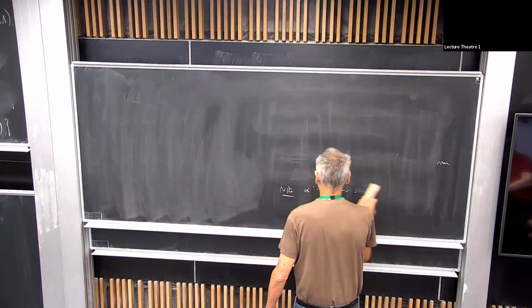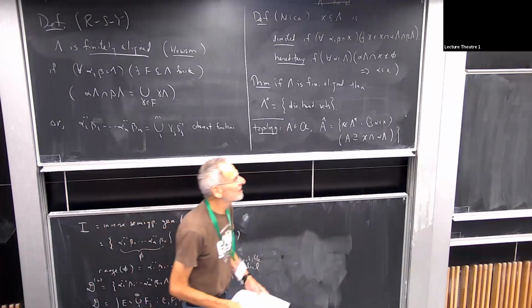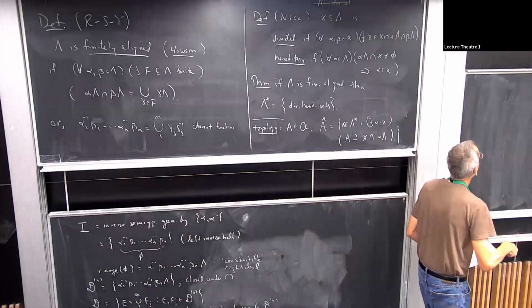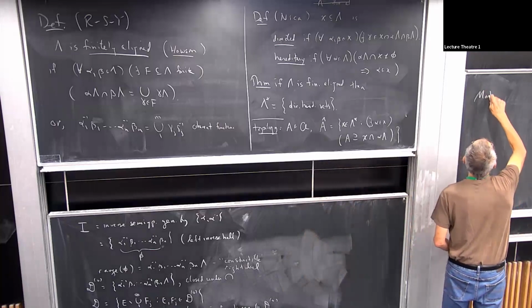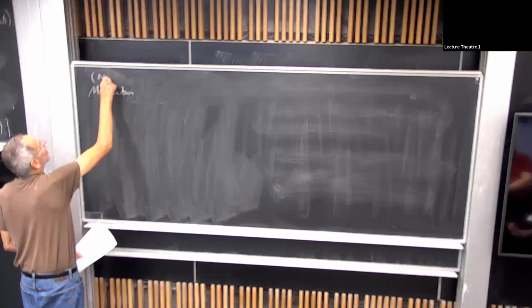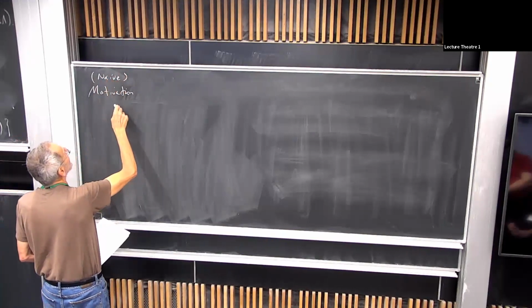That's my generalities about left cancellative small categories. I'd like to talk about some examples. Let me mention that my motivation, and as many of you know, I'm a naive person, so my motivation is naive.